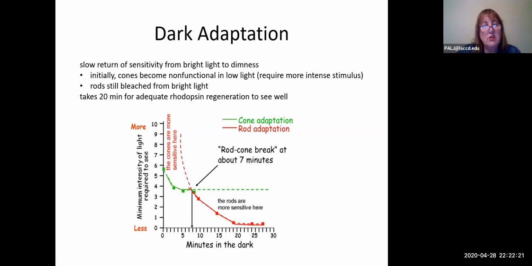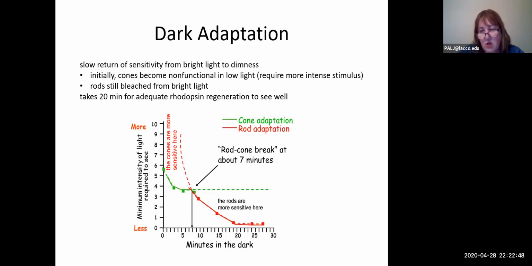What's happening is you're losing your cones. The first 7 minutes, basically you are losing cones, harder to see. Rods are still bleached. They're starting to get back a little bit, but it's not until about the 7-minute mark where the rods are then gonna start taking over the vision, okay? And it really takes 20 minutes to totally see well in the dark, okay?